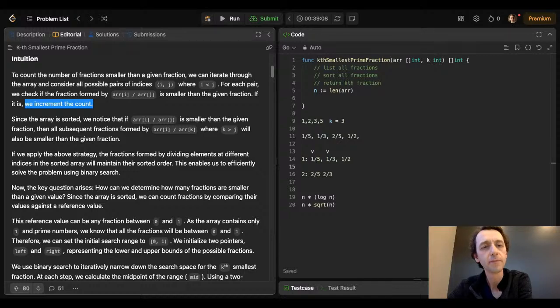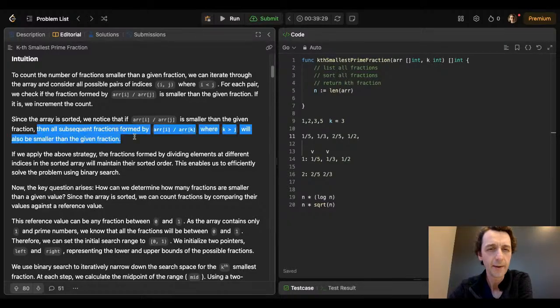I mean, that's sort of what we're doing, but the given is the fraction from the next row. Then all subsequent fractions will also be smaller than the given fraction.